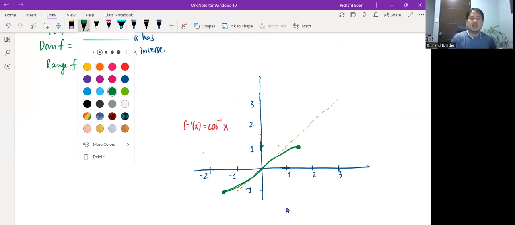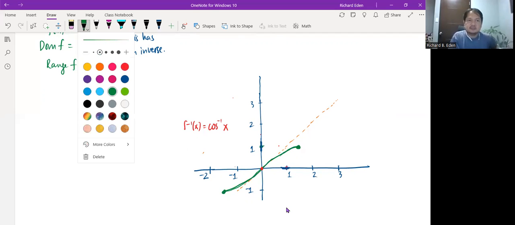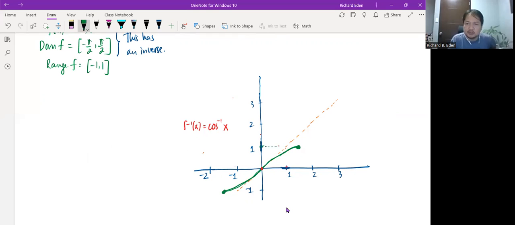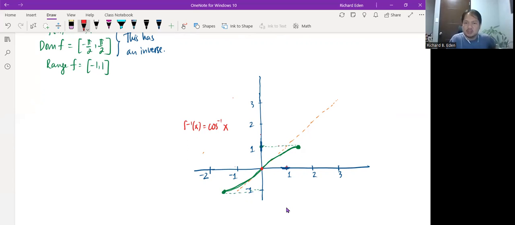So when we take the reflection, it would still pass through the origin, but the partner point is going to be here. Kasi itong point na to, itong green, at level 1 and negative 1. So when we take the reflection, it should be here.